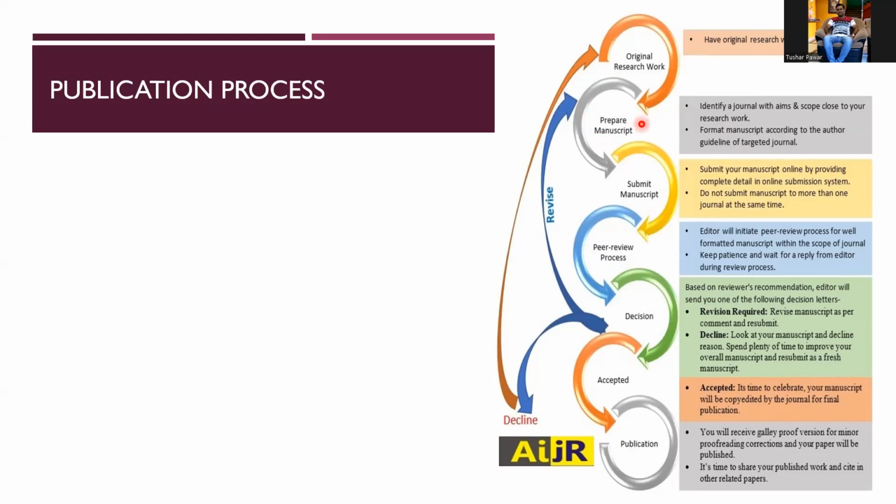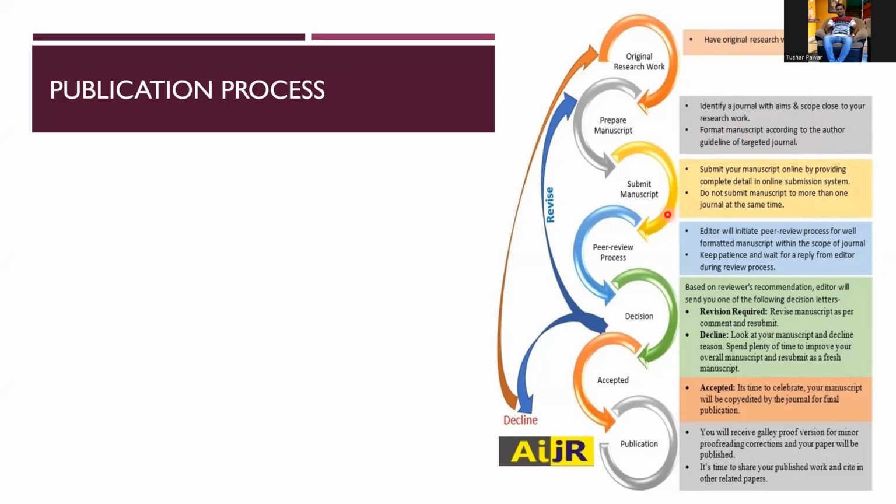Now for preparing your manuscript, first you identify a suitable journal with aims and scope that your research work matches, and then format your manuscript according to the guidelines given by the particular journal. Of course, the body will be as we discussed earlier, but there are certain requirements many a times by the journal which you should look for.